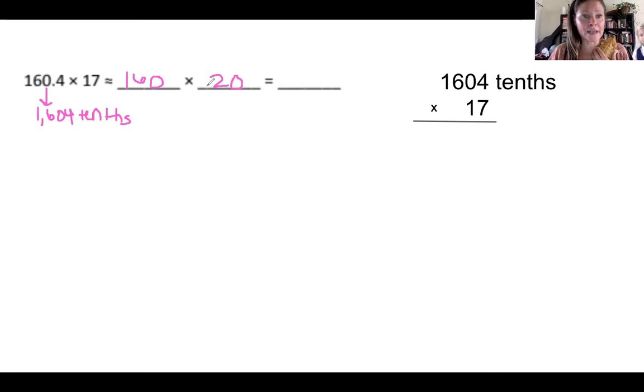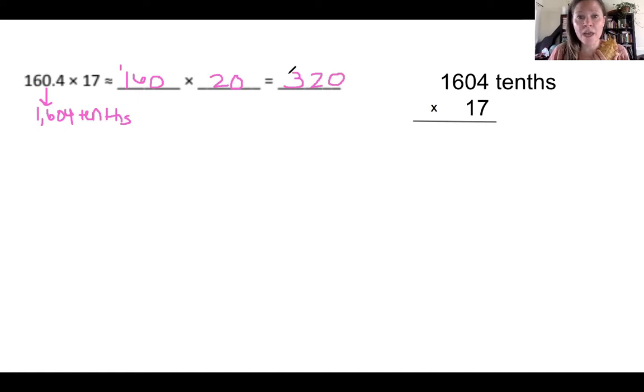So we have 2 times 6 is 12. 2 times 1 is 2, plus 1 is 3. So 160 times 20 is 320.